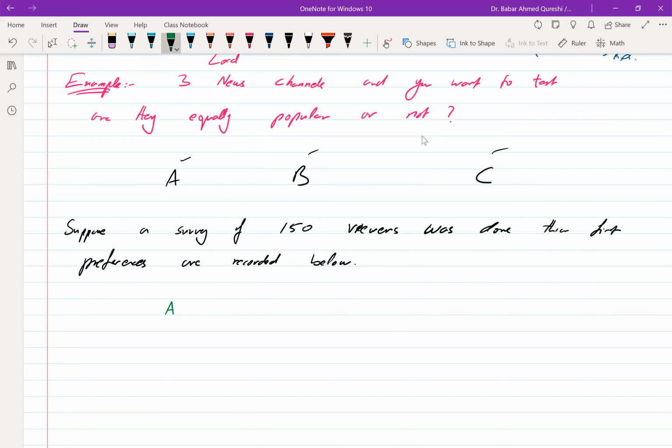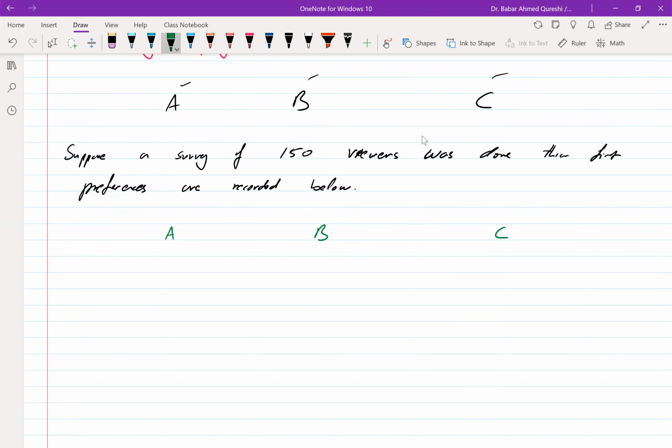So these are your categories: channel A, channel B, channel C. You observed first preference for channel A turned out to be 47. Observed preference for channel B turned out to be 42. And 61 people in the sample said that they prefer C. They're close enough to 50. So just looking at them, you can't say if they are equally popular or not, because you have taken a finite sample. To make a quantitative statement, you have to do a statistical test.